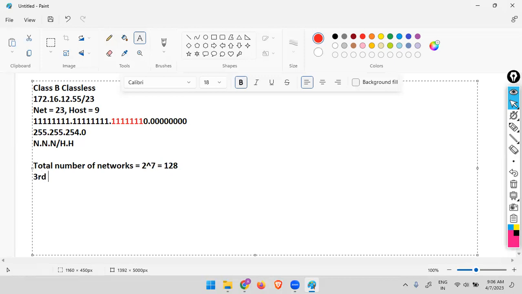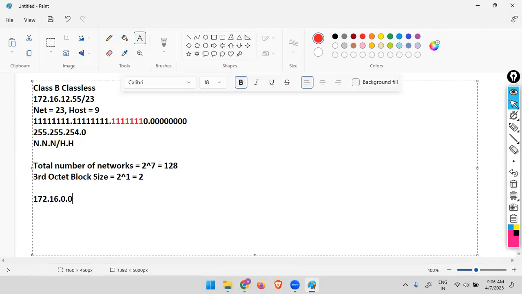Third octet block size? 1 or 2? 2 raised to power 1. This is the third octet block size. My first network would be 172.16, these are the two network parts I need to keep constant.